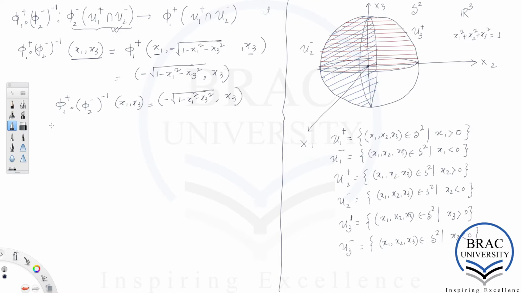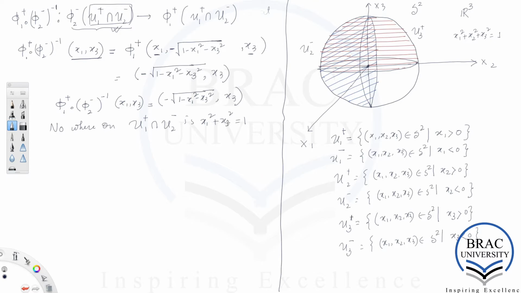Okay, so now observe that nowhere on this open set u1 plus intersected with u2 minus is x1 square plus x3 squared equal to 1. What is x1 square plus x3 square equal to 1?